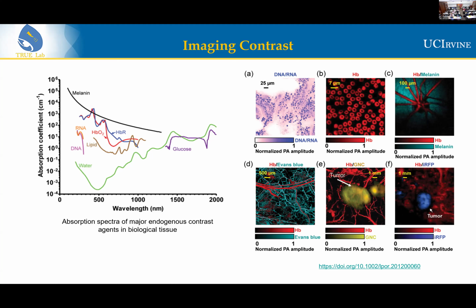And then panel D is high resolution microvessel imaging, and you can also use optical dyes. For example, in this case, it's Evans blue and ICG, typical optical contrast agents. And panel E has vessels, and then you have these nanoparticles to target the tumor. There are a lot of applications for that.